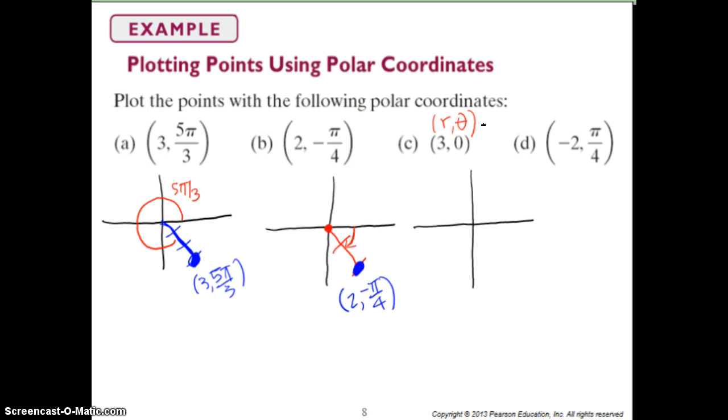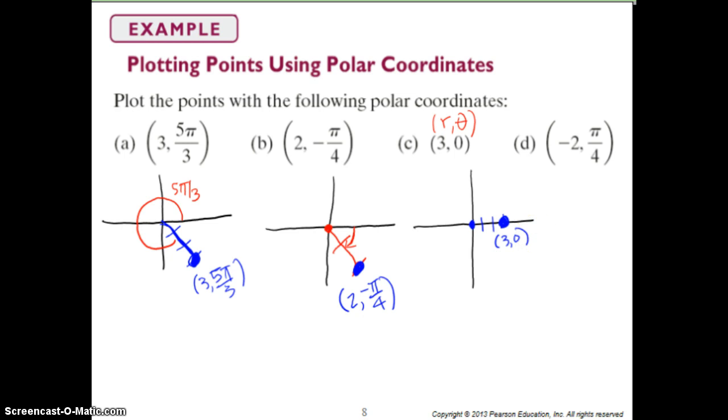So we want to rotate 0 radians, or 0 degrees. So rotating 0 degrees is just going to be along the x-axis, and we want to go 3 units towards 0 degrees. So we're going to start at the origin and take 3 steps in the 0 degree direction, and so this would be our polar point, 3, 0.